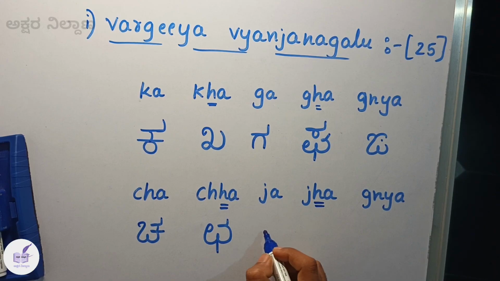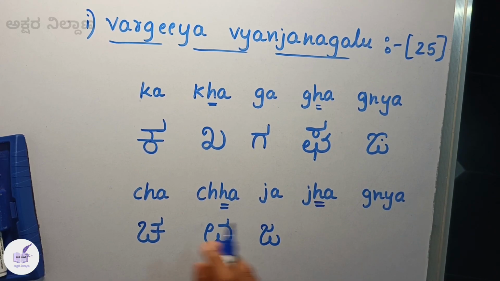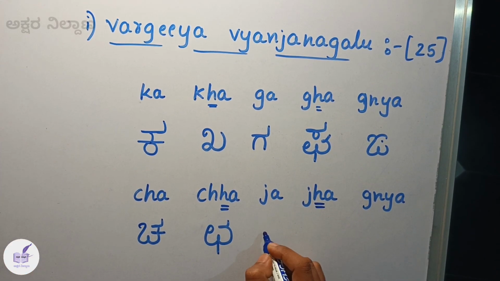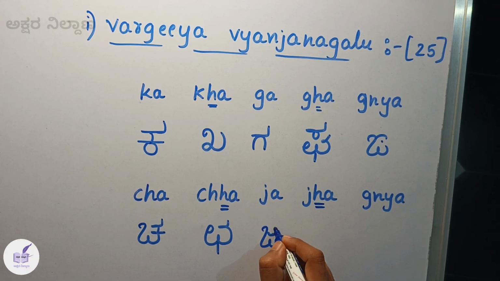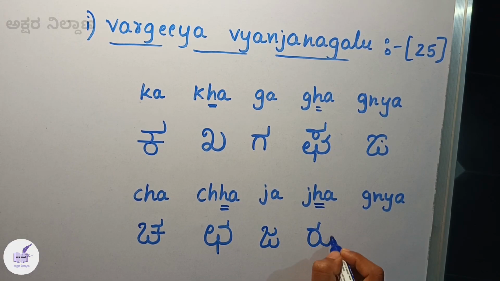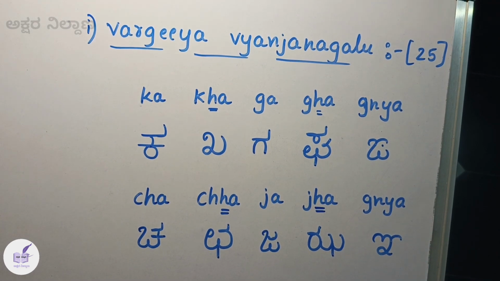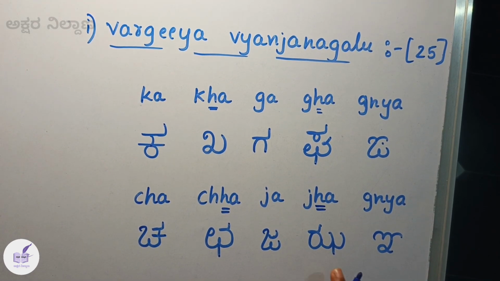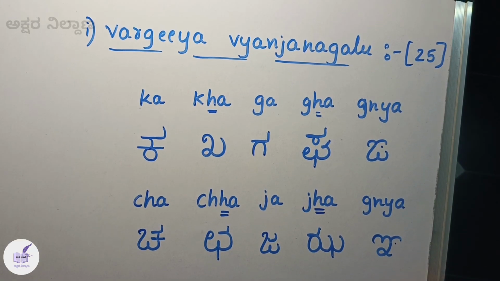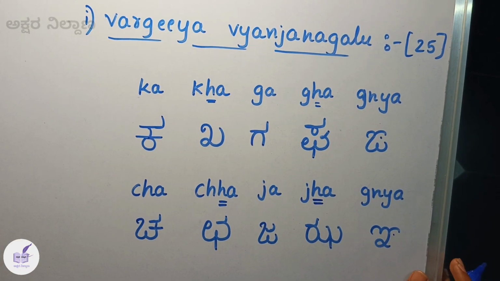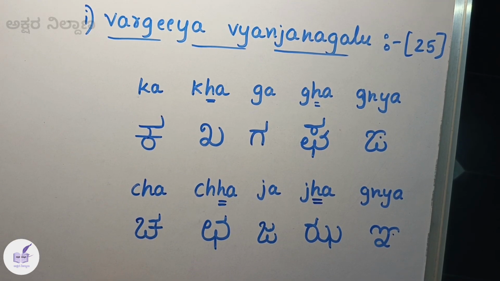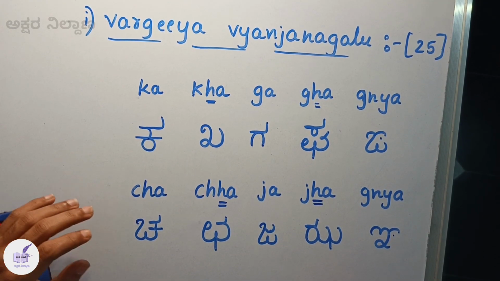Cha, chha, ja, jha, nya. Okay? Done? If you want to know how to write each and every letter, please play the video at 0.75x speed and repeat the things. Okay?